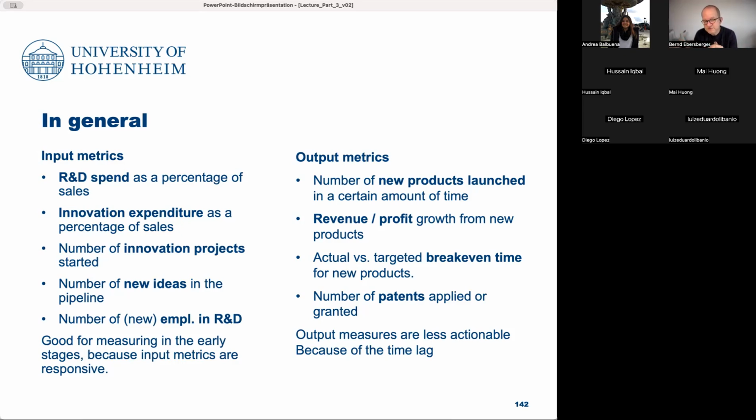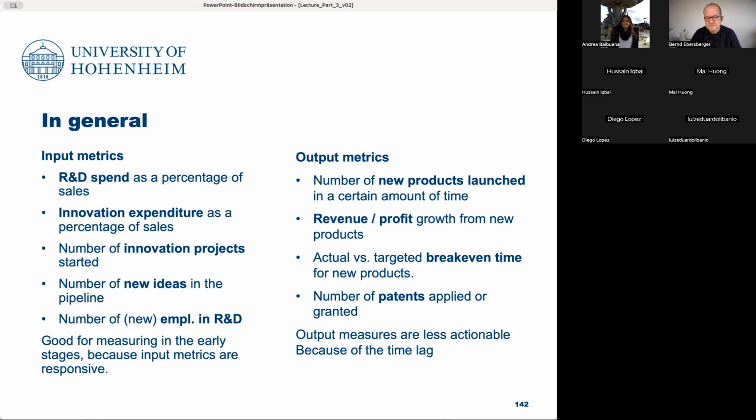So what you typically use is R&D spend as a percentage of sales, as a percentage of cost, scaled down by the size of the company. So when you read papers, when you look at empirical analyses in this area, please do not only look at the results, but also look at the variables, how these researchers have constructed the variables, what kind of metrics they use to capture some of the innovation processes that we're talking about.